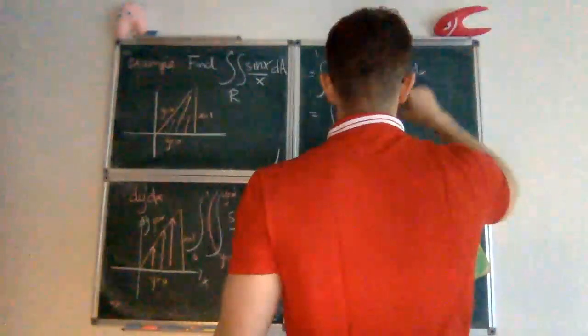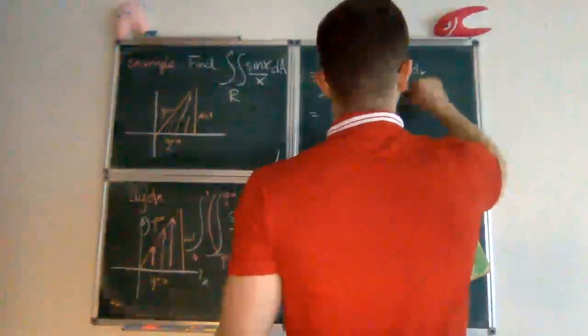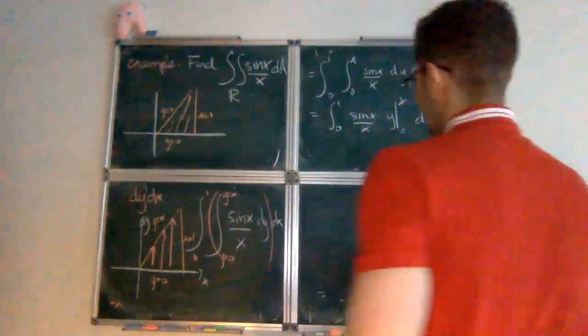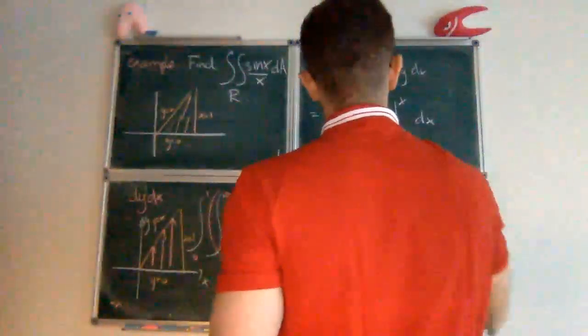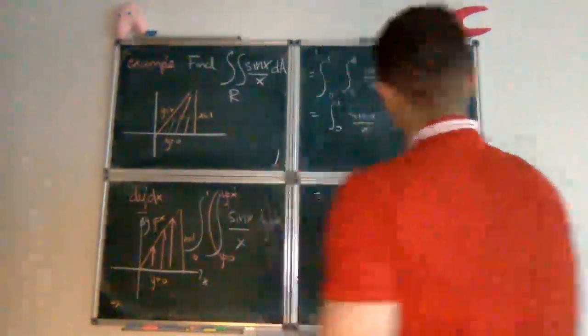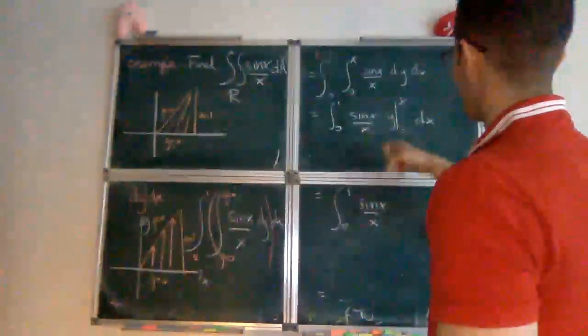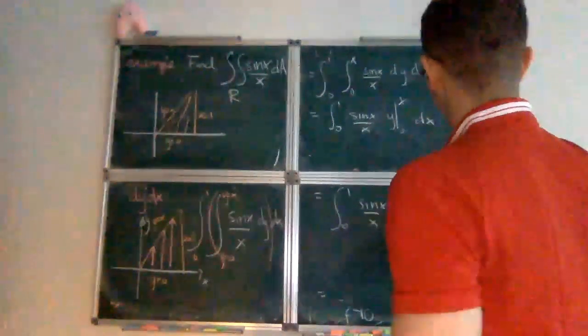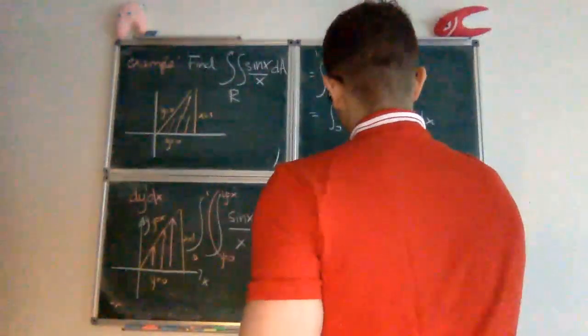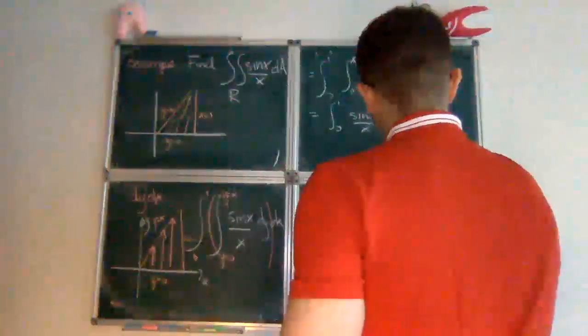So you're just integrating 1, which gives you y from 0 to x, dx. And this is the integral from 0 to 1 of sine of x over x times x minus 0, which is just x, and so that's just the integral from 0 to 1 of sine of x dx.